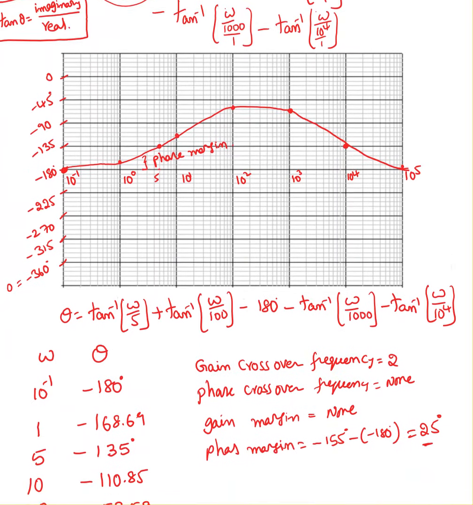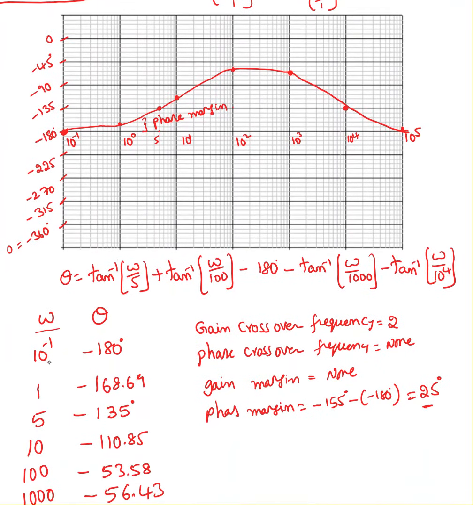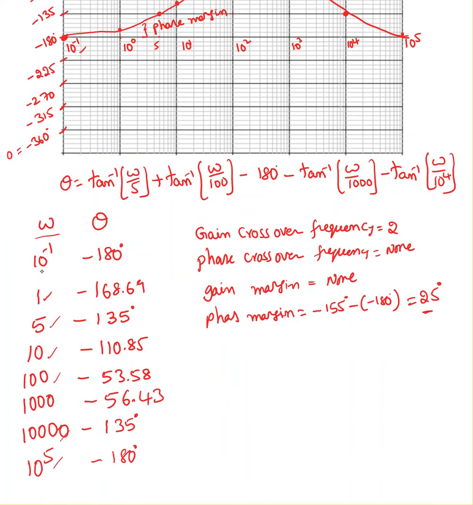Now I put in omega values. I chose this initial omega, 10 to the power of minus 1, make sure you have that initial, and also 1, and then make sure you include every corner frequency. At 10 to the power of minus 1, this is an approximate value because I didn't include the small terms. Tan inverse of 0.1 over 5 is very close to 0, not exactly 0 though. 0.1 over 100 is less than that, I think around 1 degree.